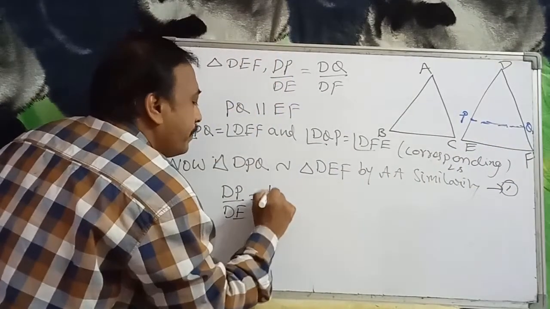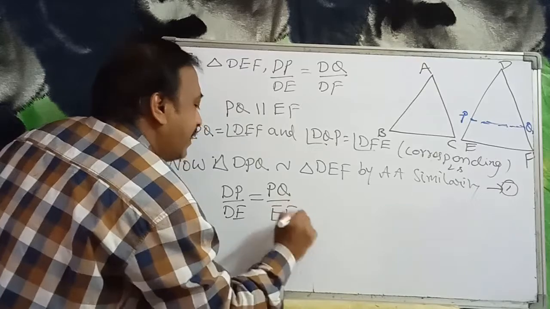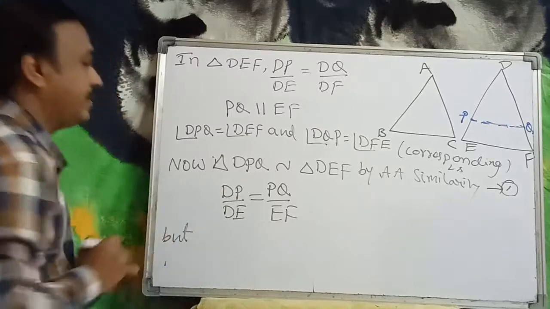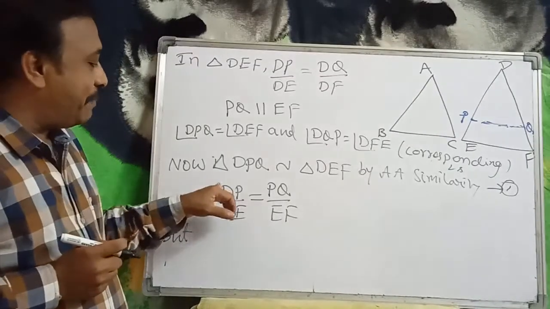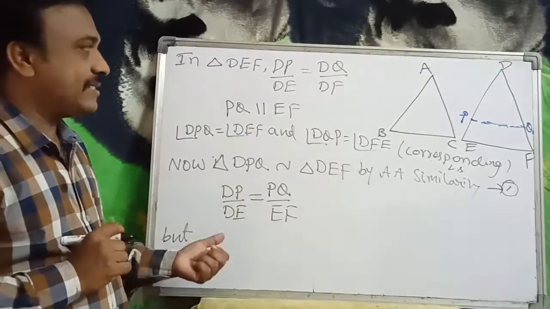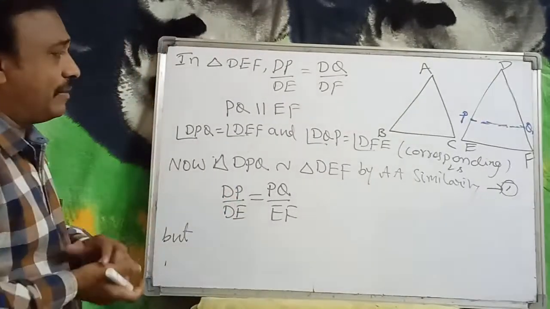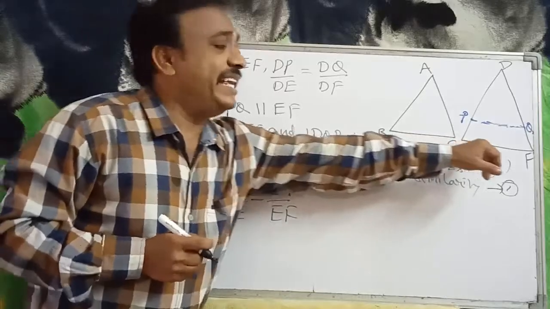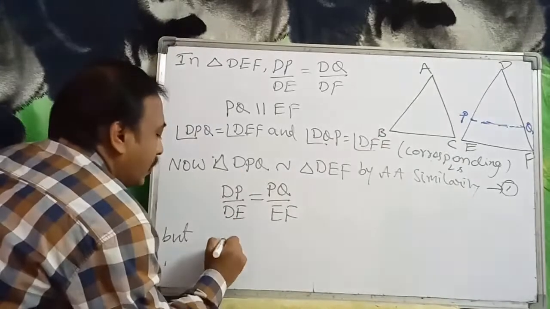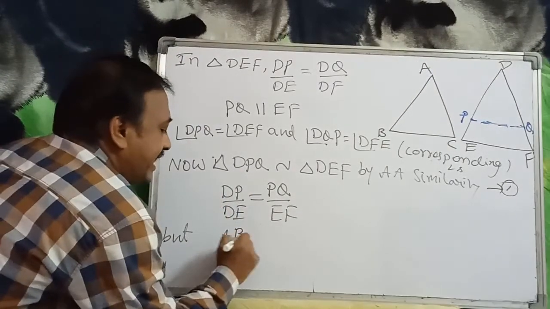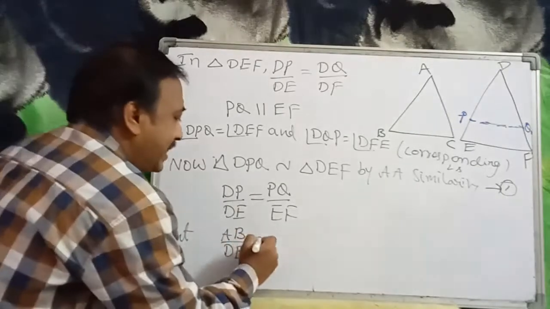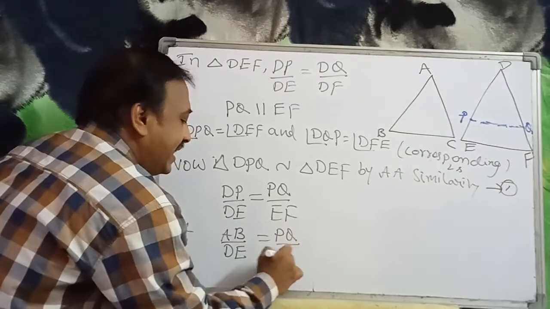But in the question, AB is given. So in place of DP we can write AB, so AB by DE is equal to PQ by EF.